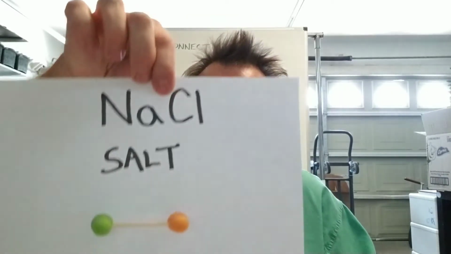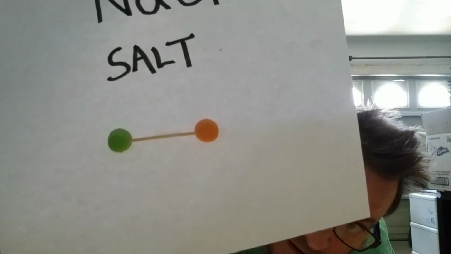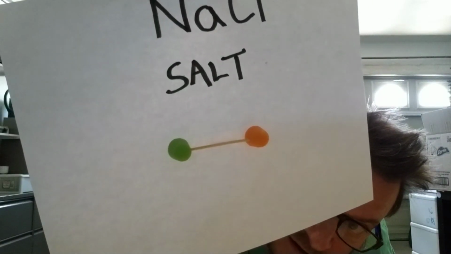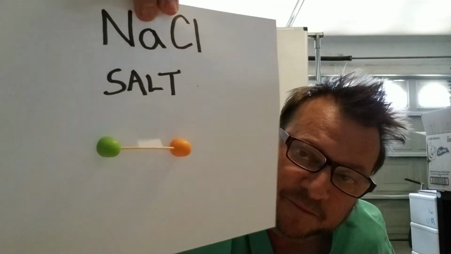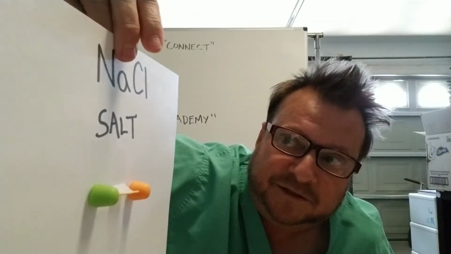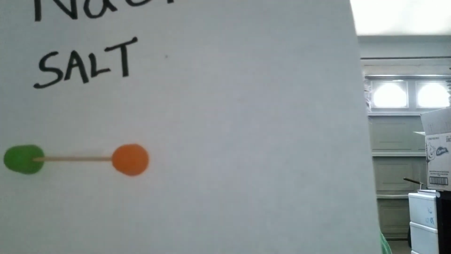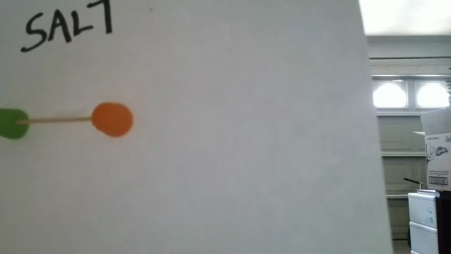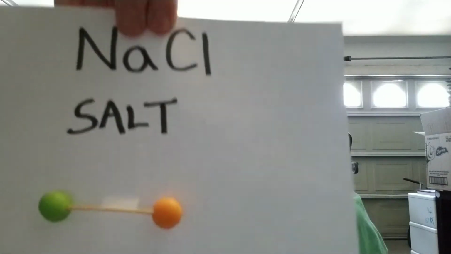For example, if you had sodium and chlorine, you'd have sodium chloride, or table salt, and it would look something like this. If I were to build it, assuming that I labeled the sodium green and the chlorine orange, that's what I would do. And that's what we're going to build today, okay?